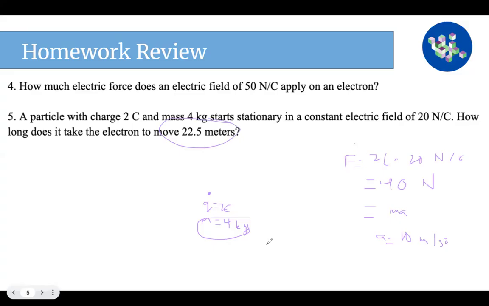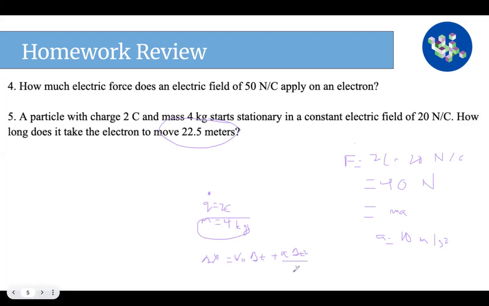Here you just use your kinematic equation. The displacement, delta x, equals the initial velocity times delta t, plus a delta t squared divided by 2.